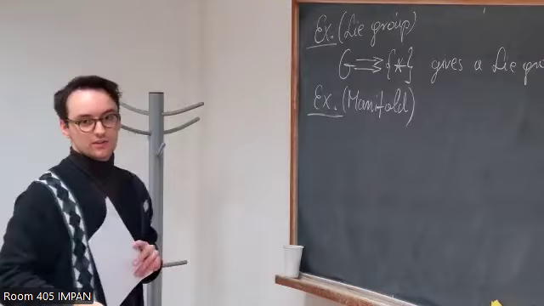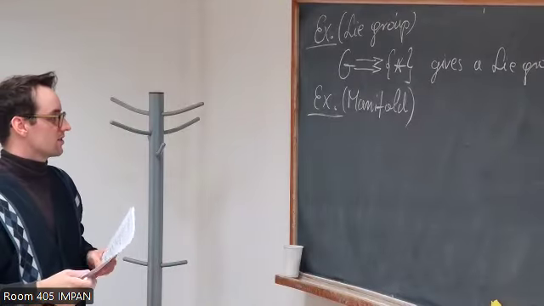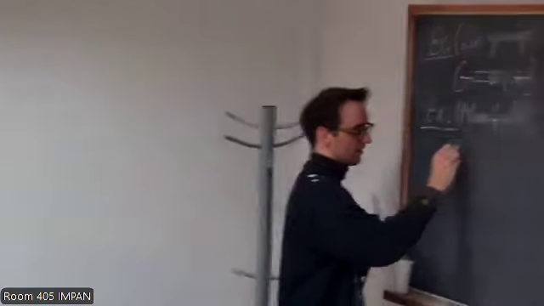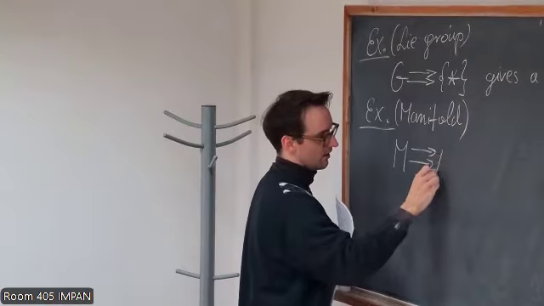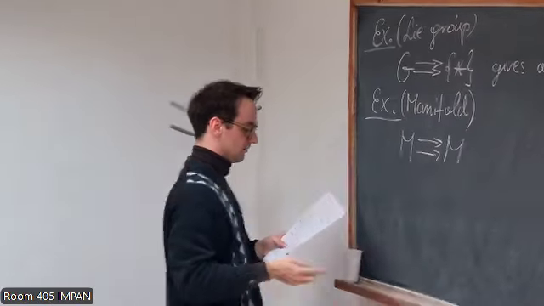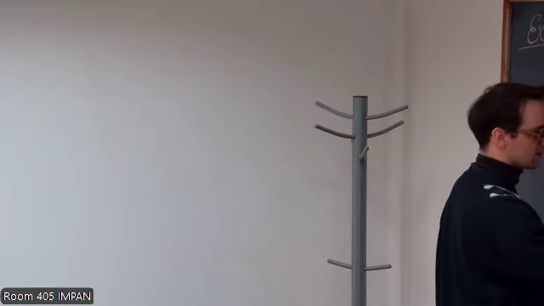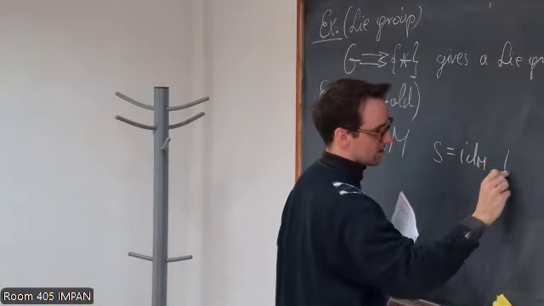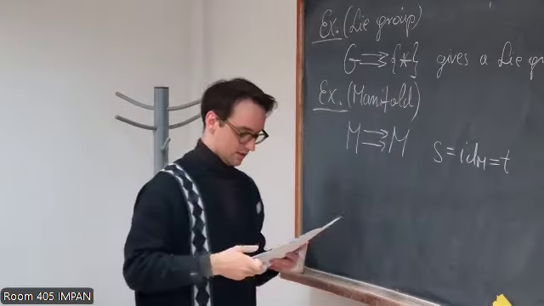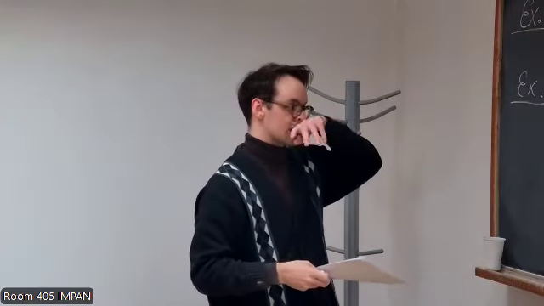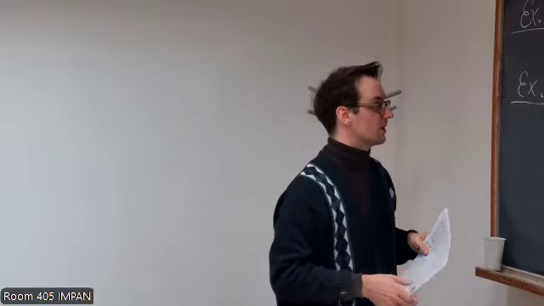So any manifold can be considered as a groupoid over M with trivial maps for the identity of M, and the same with target. Okay, so this is also a groupoid.